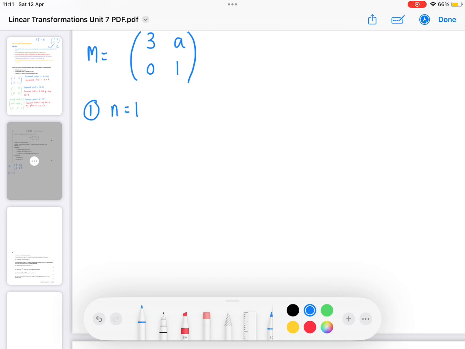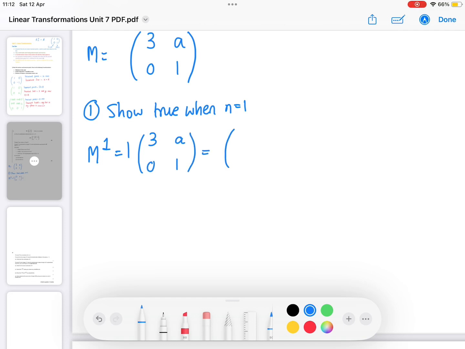So we need to show it's true when n equals 1. That's always the first step when we're proving anything by induction. So M to the 1 is going to be 1 times (3, a; 0, 1), which is (3, a; 0, 1). I mean, this is the easy bit. So true for n equals 1.